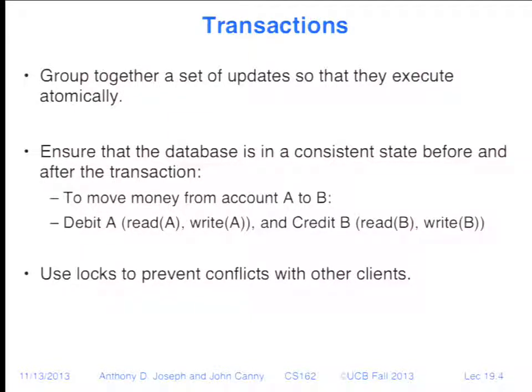And the idea of a transaction is to group together a set of reads and writes so that they can be executed atomically, so you can guarantee that the database state moves forward to something that's consistent and meaningful, or it stays where it is. I mean, it can't be in some inconsistent state in between.